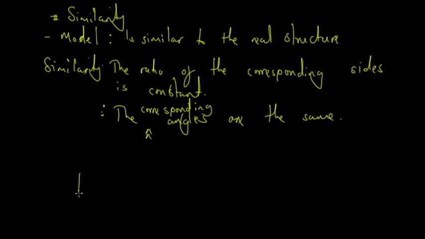So let's say this is a square. This square is similar to this square. Very lovely drawing, but I'm sure you get the sense. It's similar in what regard? The ratio of the sides is the same, since all the sides are equal, and the angles are also the same.